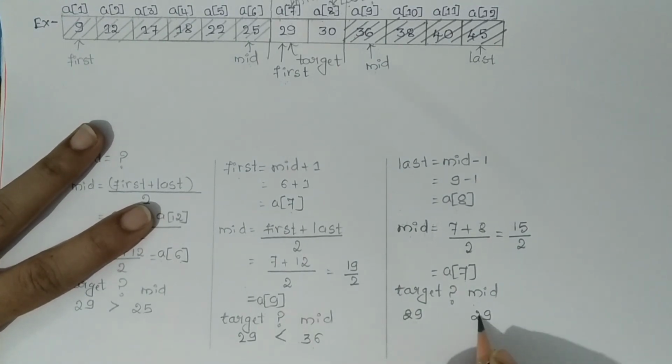Here 29 is equal to 29, means target is equal to mid value. It means search found. Here it stops the searching because we have got the element, the target element for which we are searching. This stops the searching here.